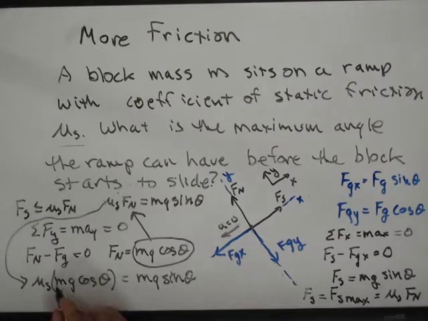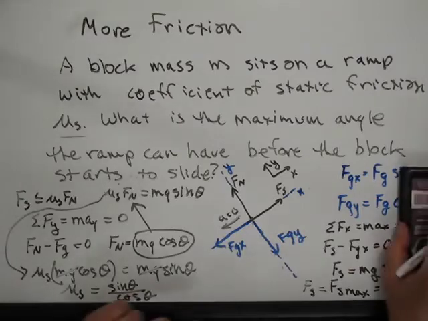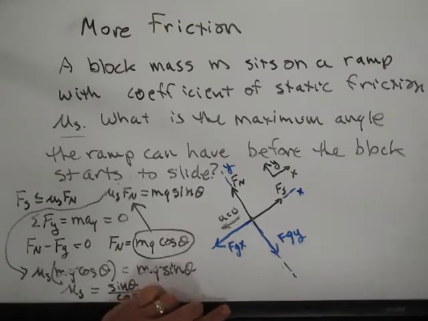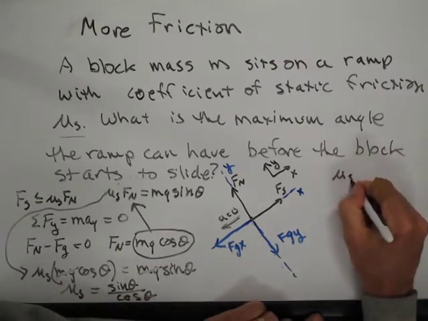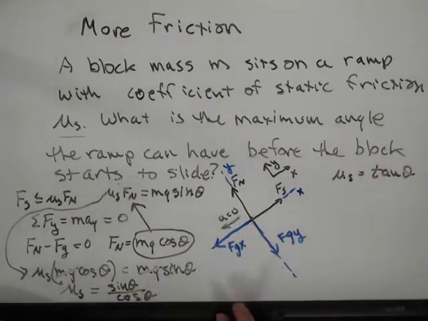And so notice that mg and mg cancel, and I get mu sub s is equal to sine theta over cosine theta. That gives me mu sub s is equal to tan theta, because sine over cosine is tangent.